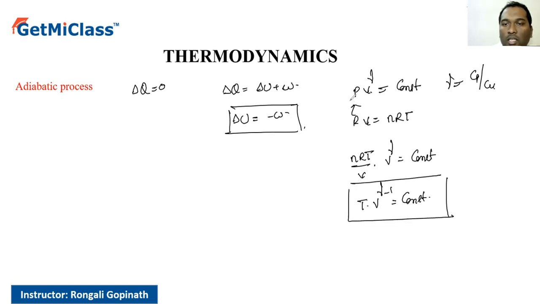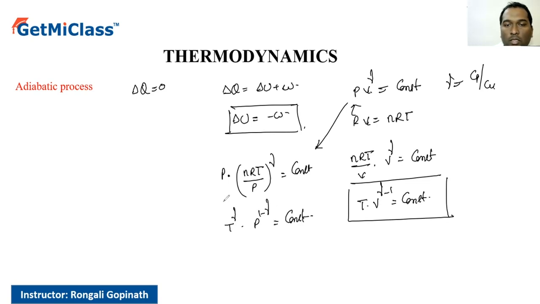Or the same thing can also be replaced with P into (nRT by P)^gamma is constant, or T^gamma into P^(1 minus gamma) is constant. Right? These are the relationships between PV, TV, and PT.